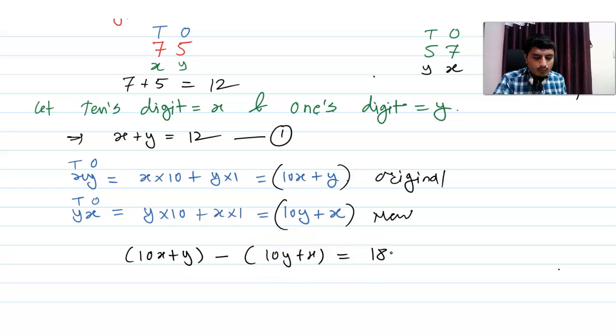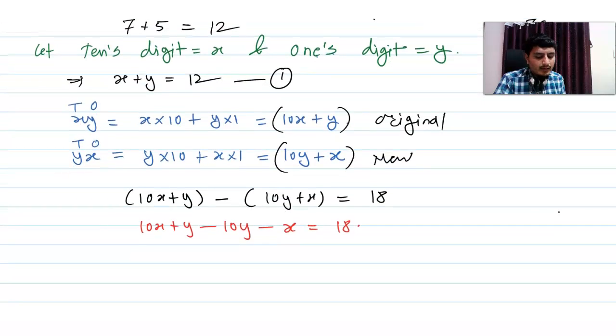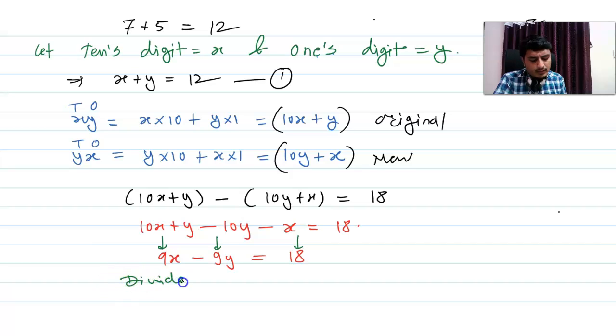Once we open each bracket, we get 10x plus y, plus minus is minus of 10y, plus minus is minus of x, equals 18. So the new linear equation in two variables is 10x minus x becomes 9x, y minus 10y becomes minus 9y, equals 18. Here the coefficients of x and y as well as the constant are all divisible by 9, so we divide the whole equation by 9.